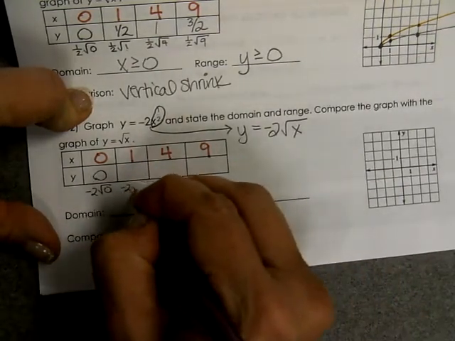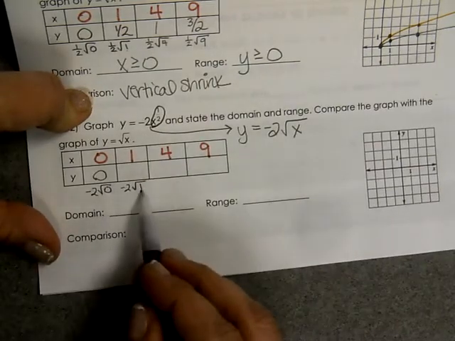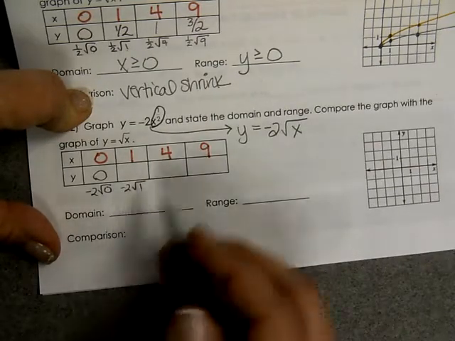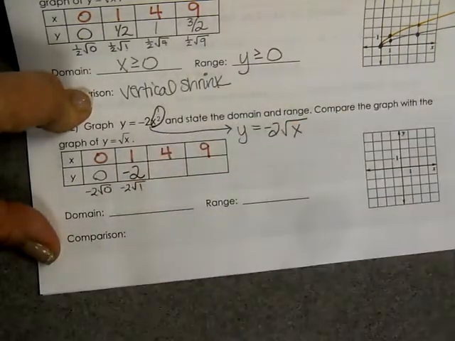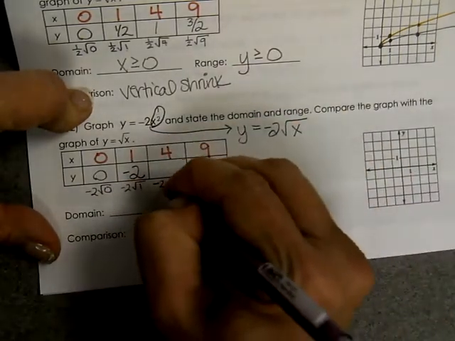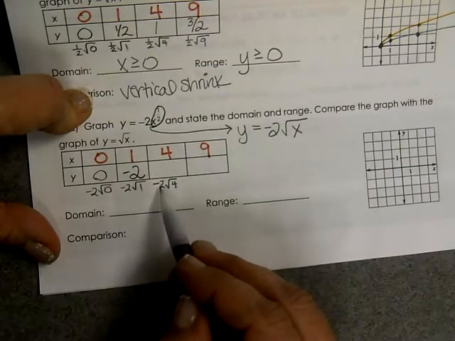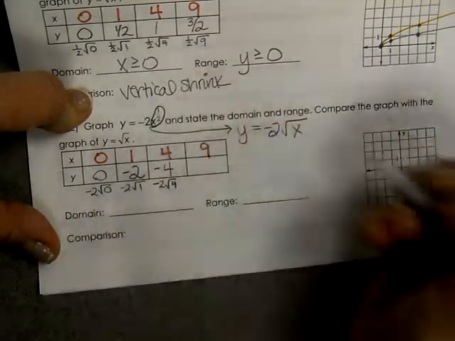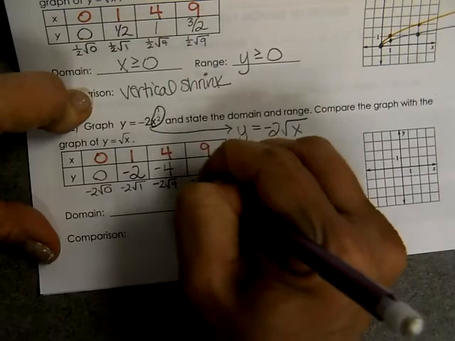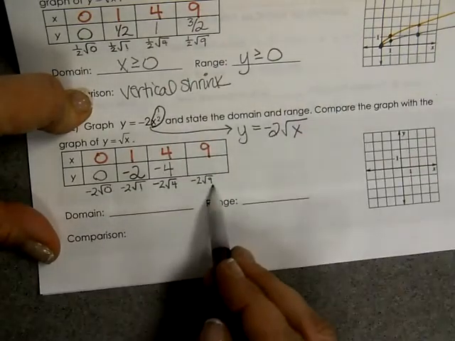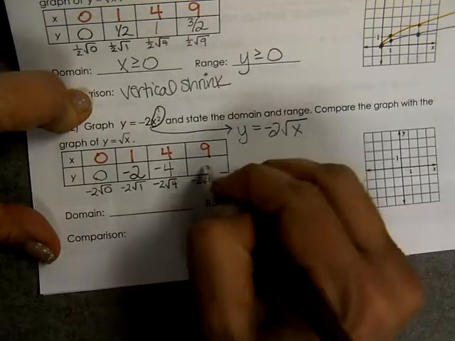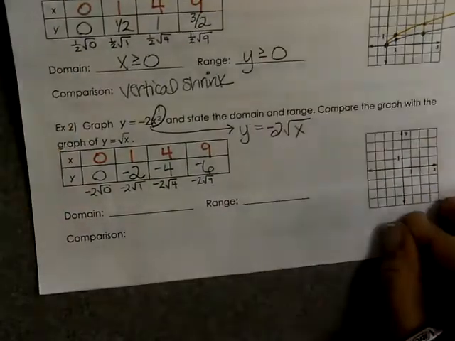I have -2 times the square root of 1. Well, that's 1 times -2, which is -2. I have -2 times the square root of 4. And that's 2 times -2 is -4. And -2 times the square root of 9. So that's 3 times -2 is -6.